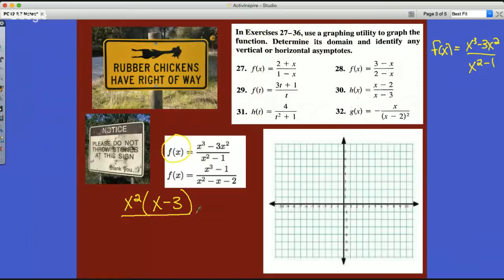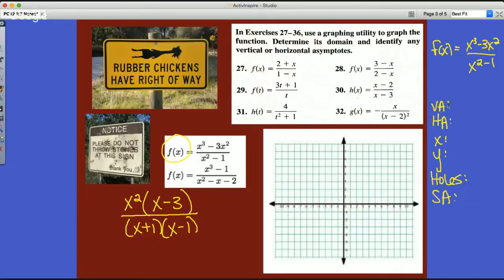On the bottom, when I factor, I'll get x plus 1 and x minus 1. Now, just like before, VA, HA, you know the drill: x-intercepts and y-intercept, holes, and last but not least, the slant asymptote if we have that.